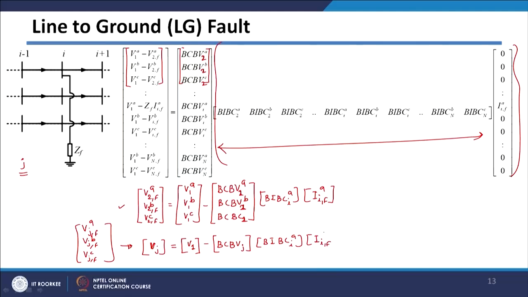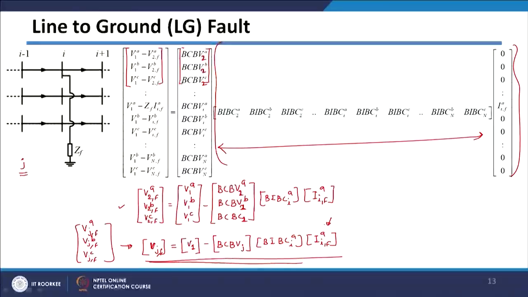So, for any general bus, I can calculate post fault voltages. So, this I just write as post fault Vj,F. Any post fault voltage of the jth bus will be calculated using this equation, and this fault current is already calculated.